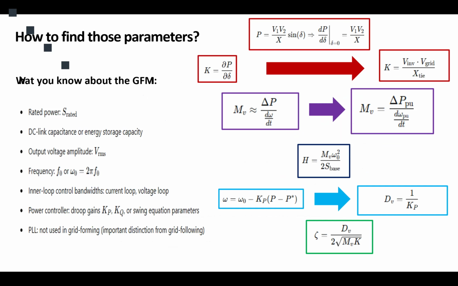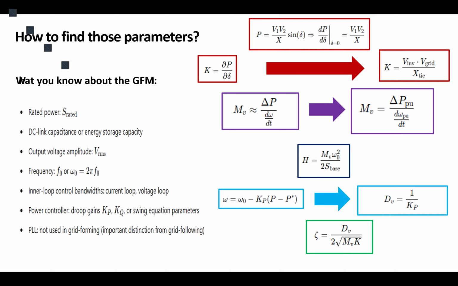Now, back to the equation that we had: MV times the second derivative of theta, plus DV times the first derivative of theta, and then the power terms. Let's define what those M, D and P are.